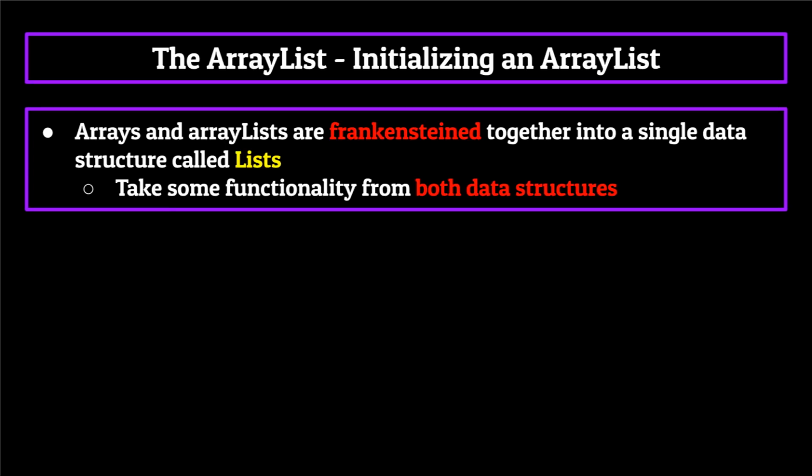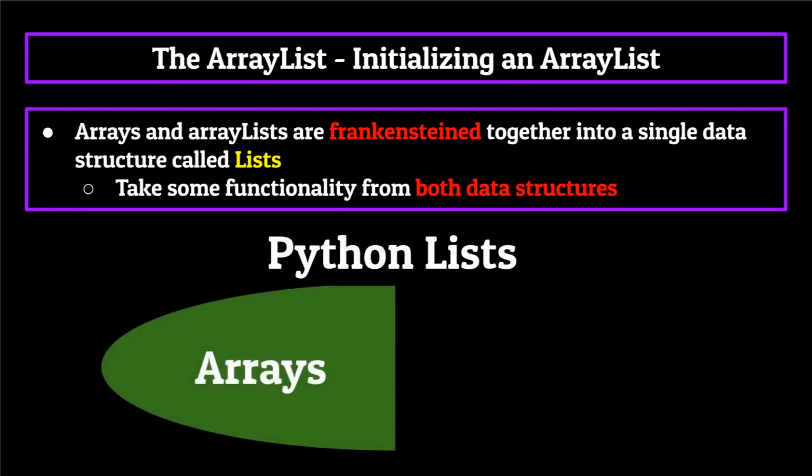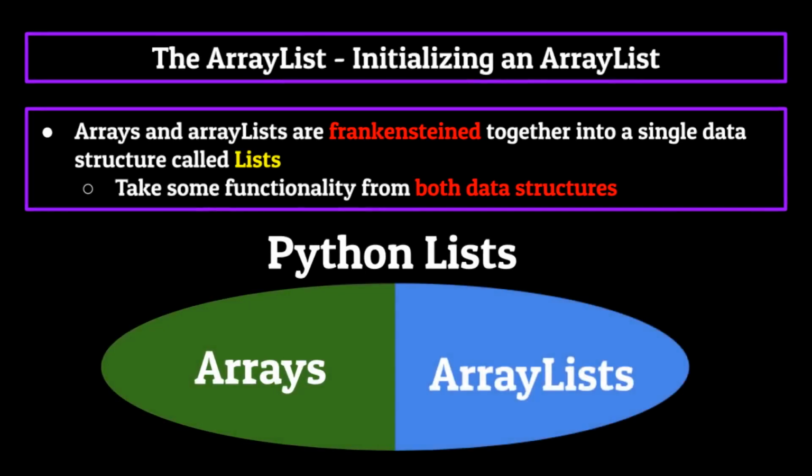They are Frankensteined together into a single data structure called lists. Lists take some functionality from arrays and some from array lists. It's a lot more complicated than that, but for this series that's all you're going to need to know as to why we are not including Python in this section. We discussed initializing Python lists in the previous section, so if you're interested, you can go back and look at that.